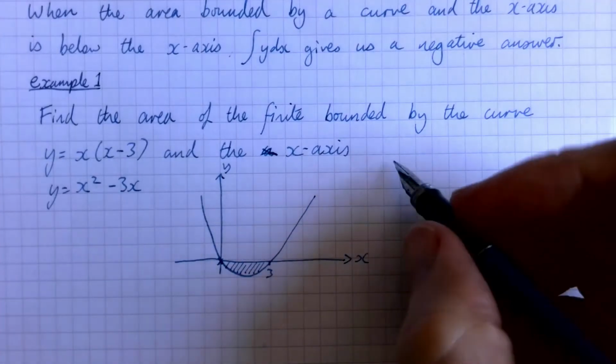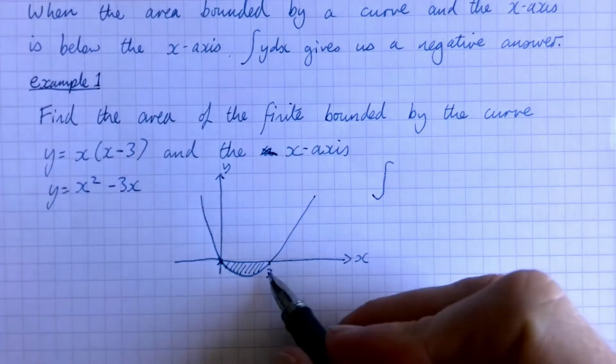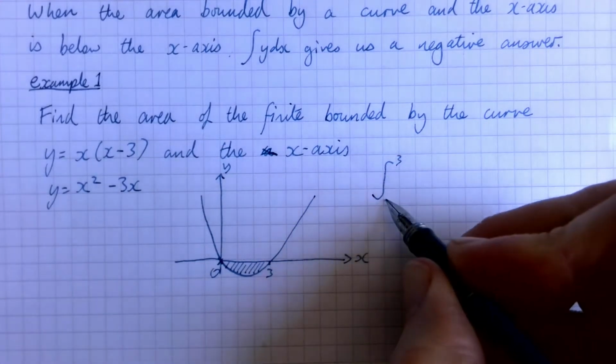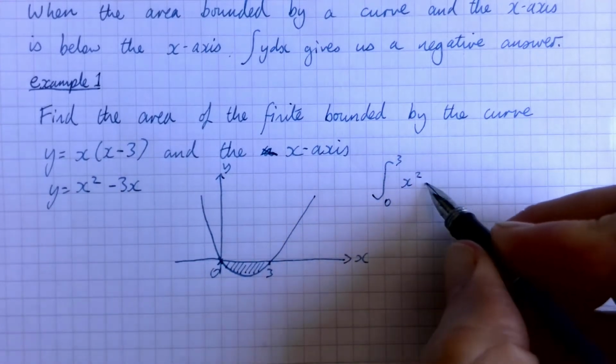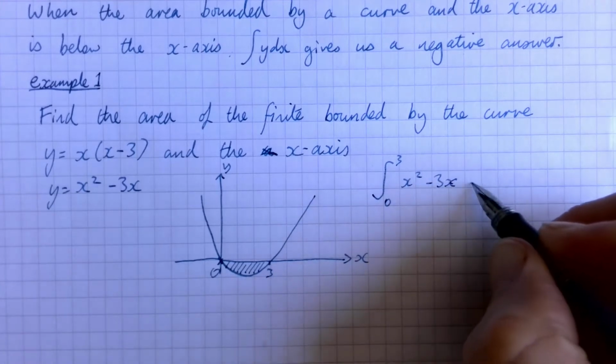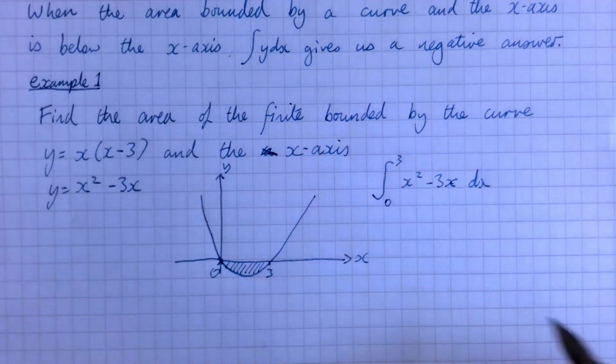Well, if we start off by saying, right, we're going to want it between 3 and 0, and it's x squared take 3x dx.